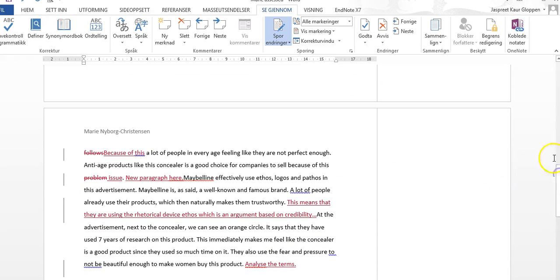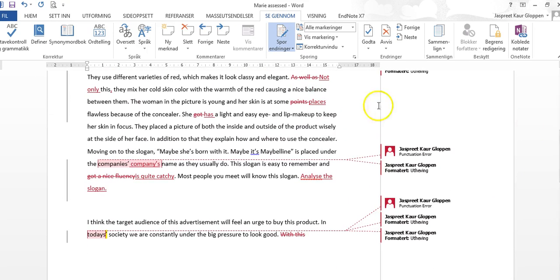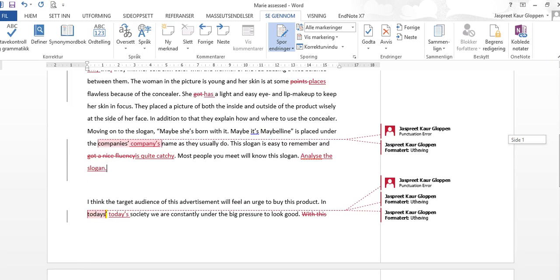And you make this mistake again here when you say today's society. It is today. Okay, because the word is today and the word today doesn't really end with S, so you put an apostrophe. It is only words that end with S that we put an apostrophe behind, or words that are plural.